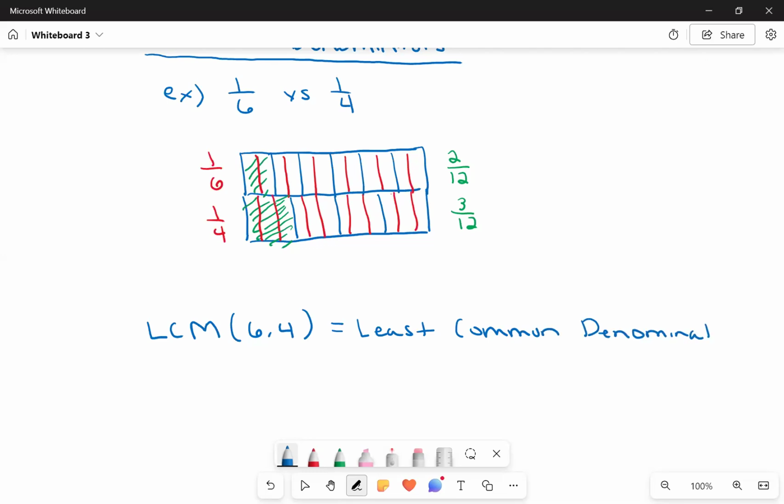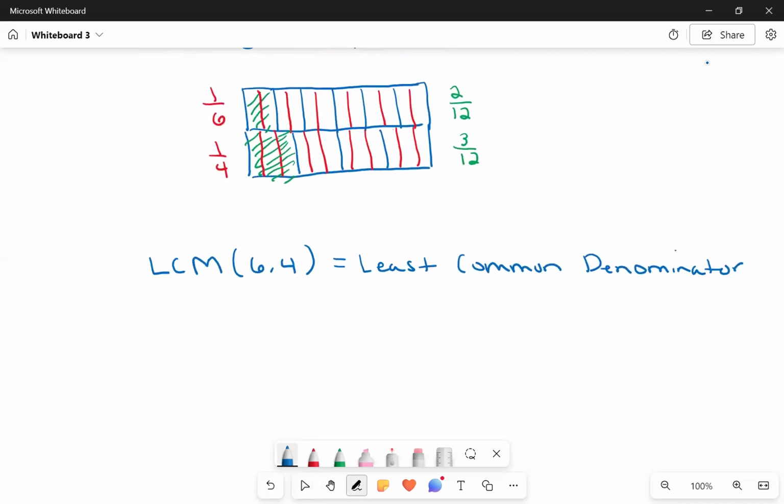Now, the technique we used previously to find the lowest common multiple, I'm going to introduce another way of doing that really quick. And that's where you actually look at multiples of each denominator. So in this case, we're working with the denominators 6 and 4.